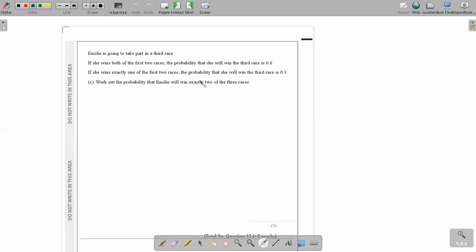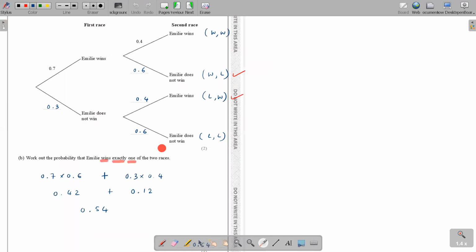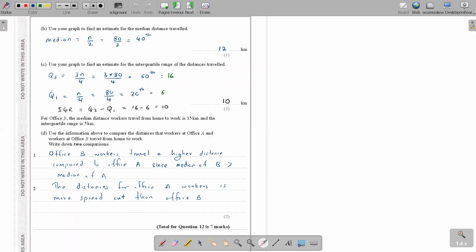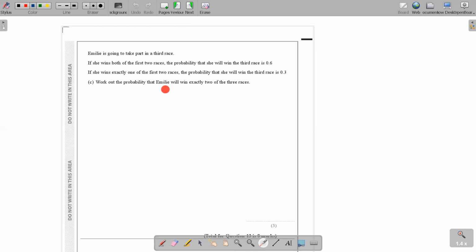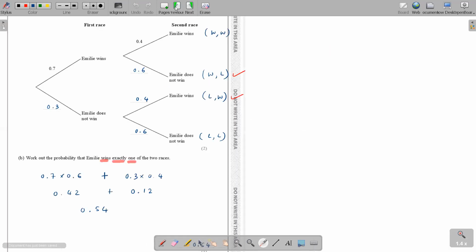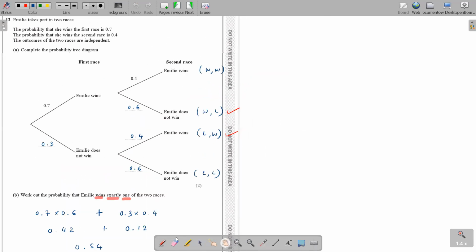They have not said anything about losing both and winning the third one. They have not said this because they are not interested in that branch, because they want you to find the probability that Emily will win exactly 2 of the 3 races. So what I would do here is a quick extension to your tree diagram.